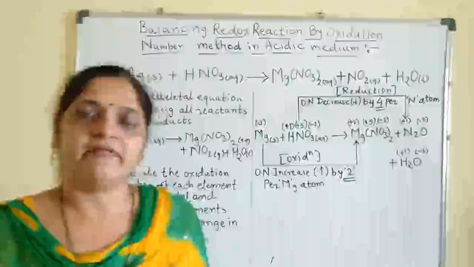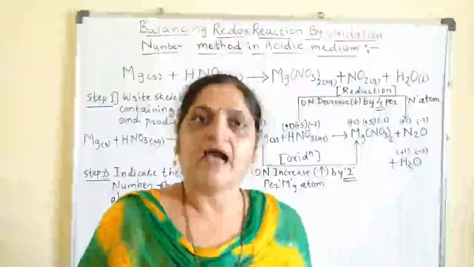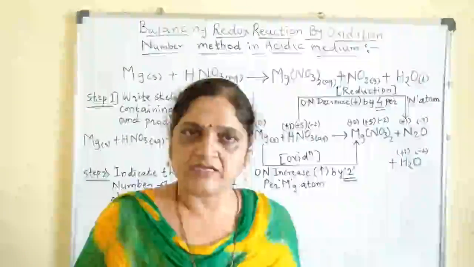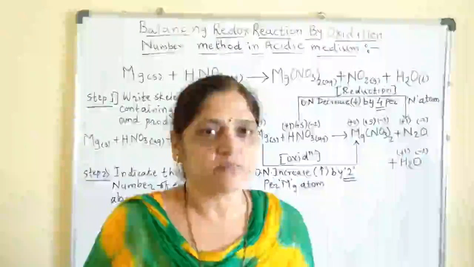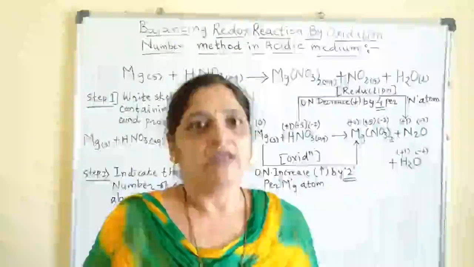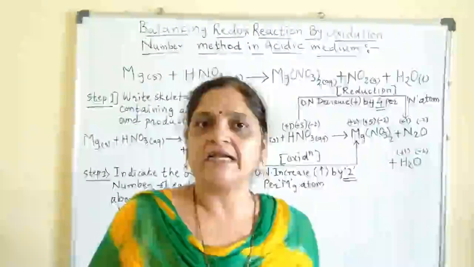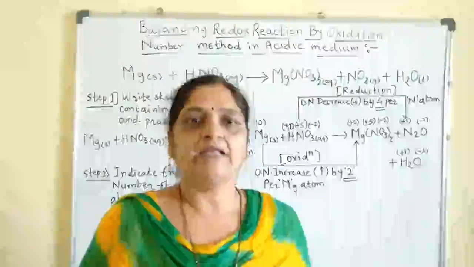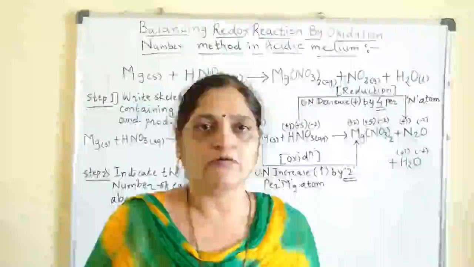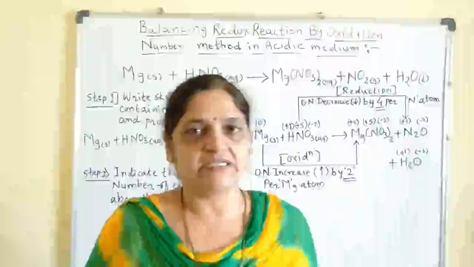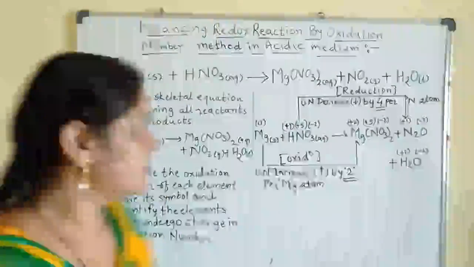But in some cases, you will be given a description of the reaction and then you have to write the skeletal equation by using correct symbols and molecular formulae. Here, the skeletal equation is given to you and you have to balance this redox equation by using the oxidation number method.